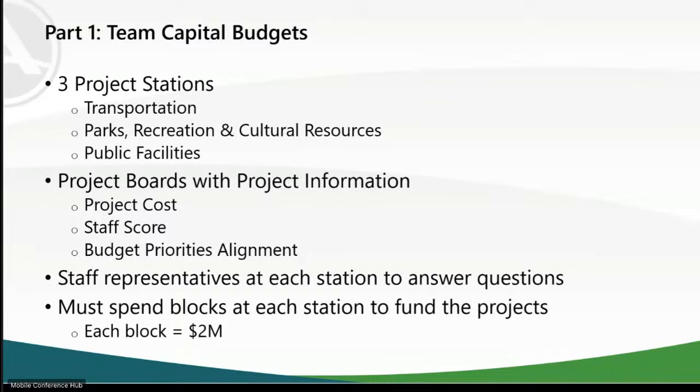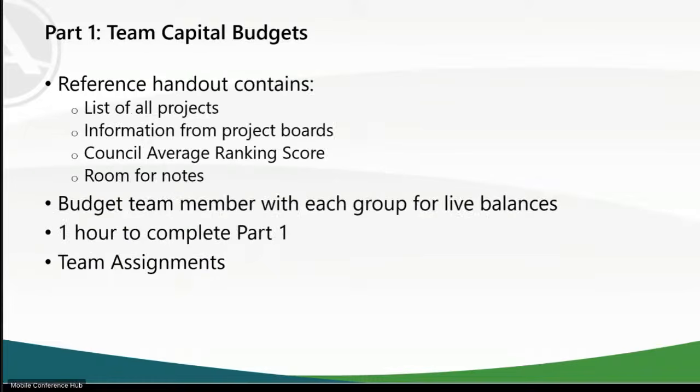We're also going to have an analyst working with each of your groups. They have the spreadsheet live on their laptop. So if you decide, I want to fund this project, they can put it in the spreadsheet and give you a live running total as you're making decisions. You can put projects in, take them out, and see what that will do to your bank of funding that's remaining.